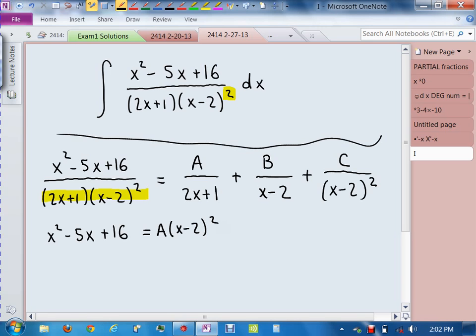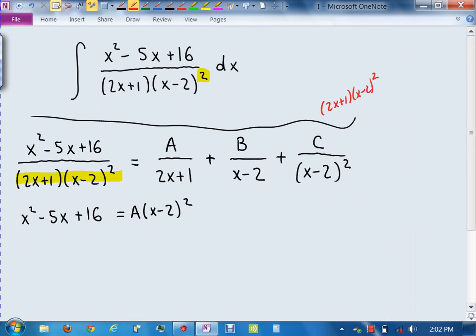We're multiplying this one right here. So this 2x plus 1 cancels with that 2x plus 1, and then this is what's left, right? See, I'm coming in on the left side and right side with 2x plus 1, x minus 2 squared, right? That's what I'm multiplying on both sides, that right there. So when that goes to here, just the 2x plus 1 cancels.